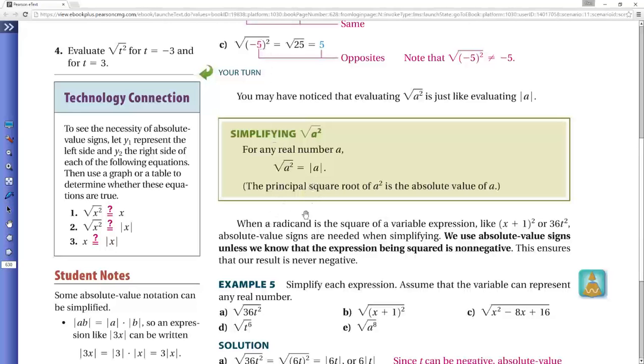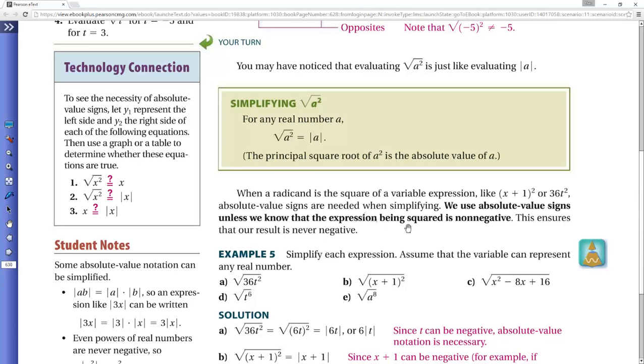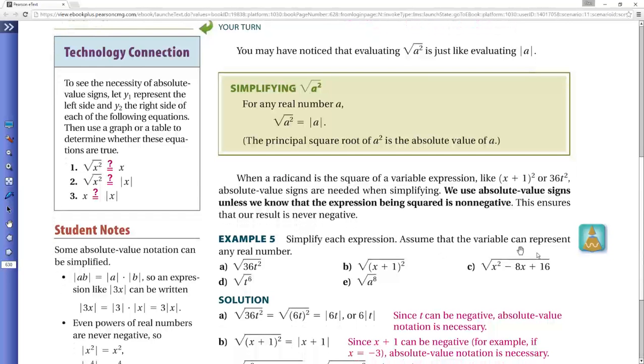We always came out with the positive 5: the absolute value of 5 is 5, the absolute value of negative 5 is 5. Okay? So we use absolute value signs unless we know that the expression being squared is non-negative, though they could still do that. Okay?